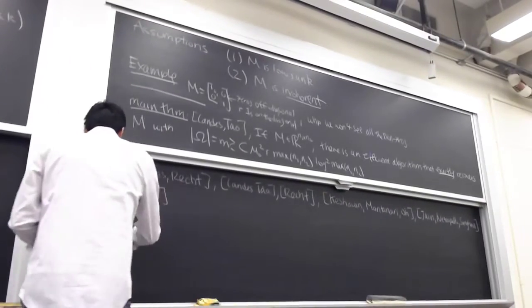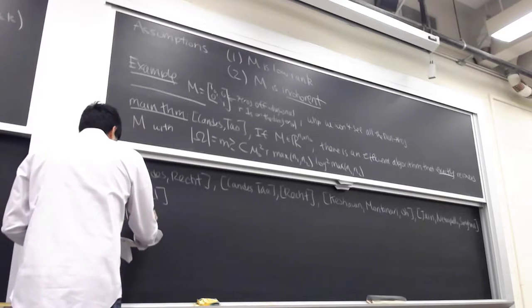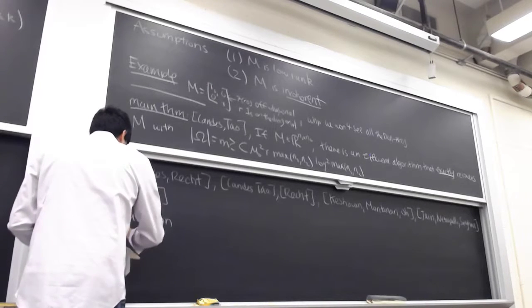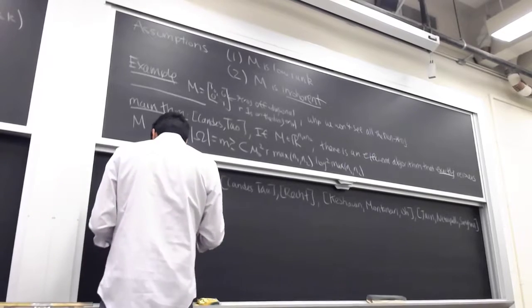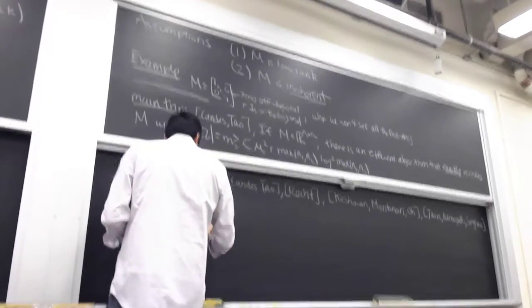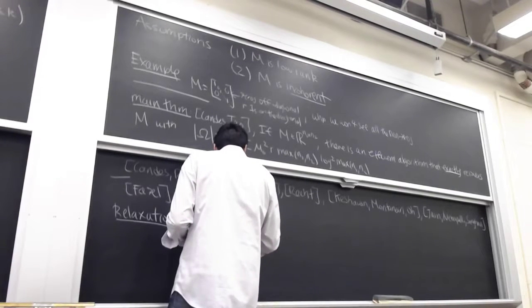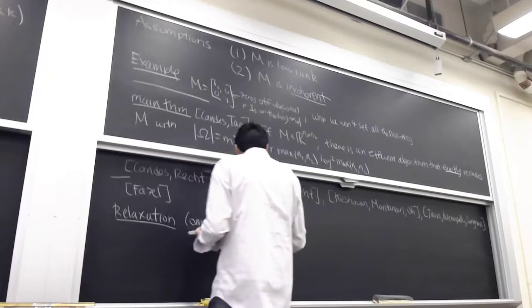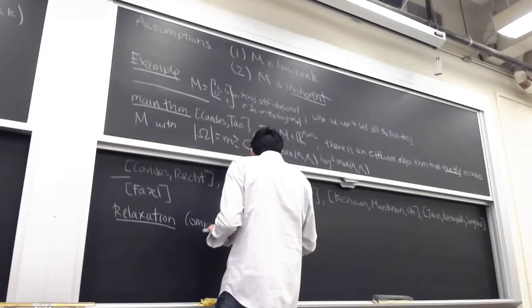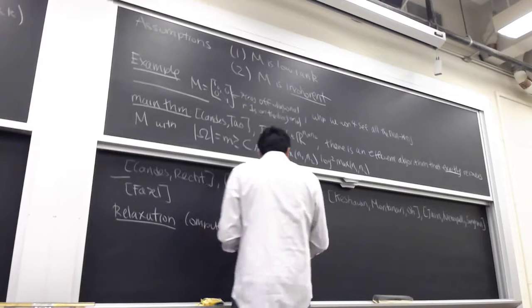So what our relaxation is going to be is we're going to compute the argmin over x, where let me define this quantity in a minute. This is called the nuclear norm.